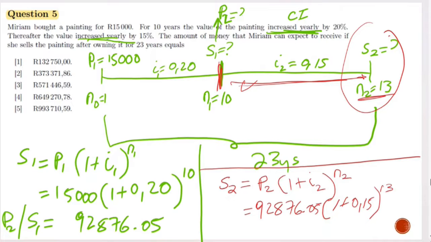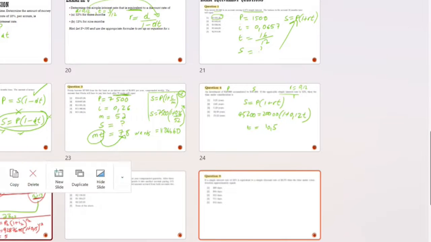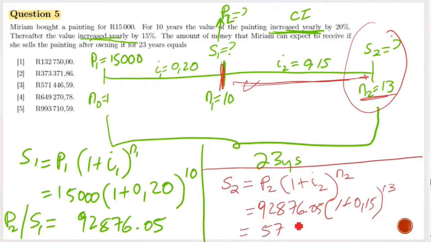I plug this into my calculator and then I get my answer to be 571,446.59. This is going to be the amount of Miriam's painting on year 23. I was able to do that by breaking down the whole story into a timeline.